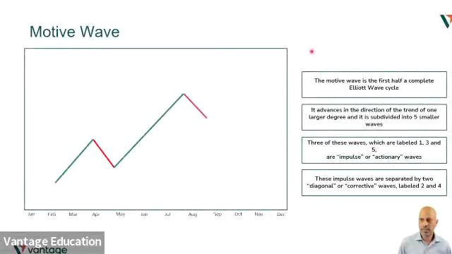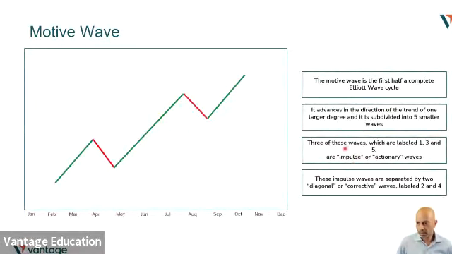It advances in the direction of the trend of one larger degree and is subdivided into five smaller waves. Right, it advances in the direction of the trend of one larger degree. So this is the trend with a bullish trend here, and is divided into five smaller waves.